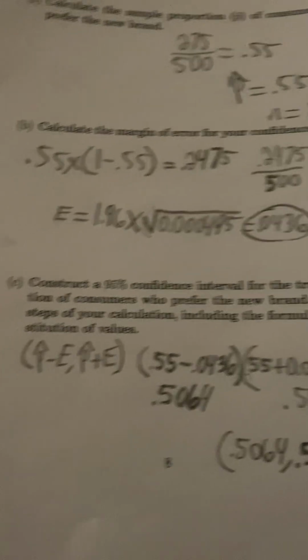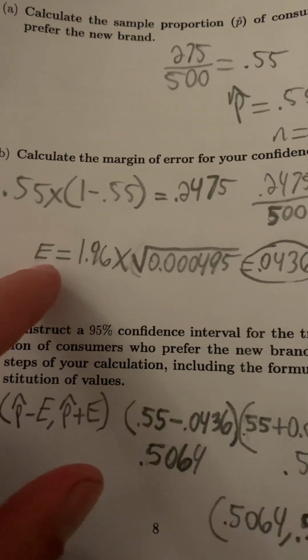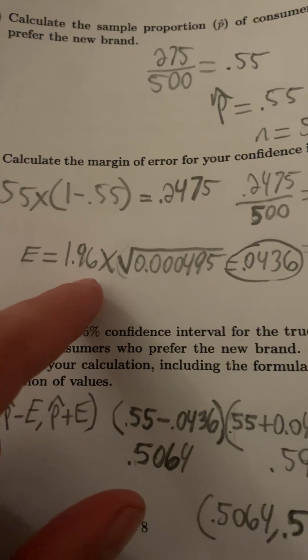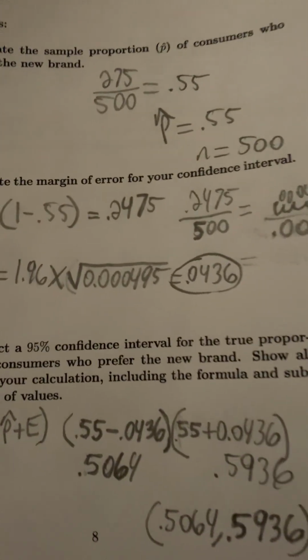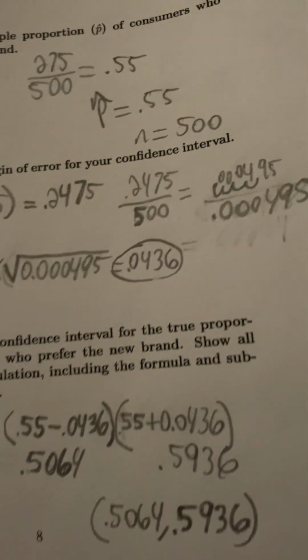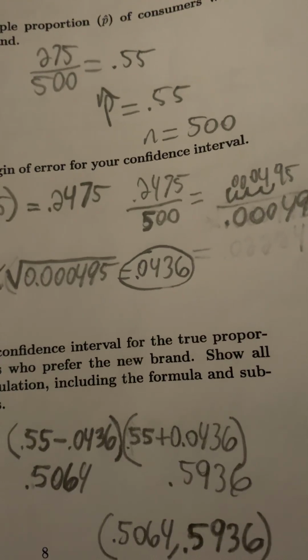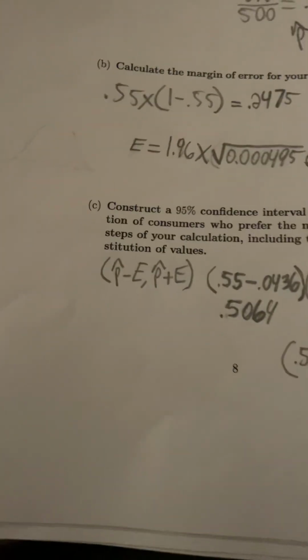Then the margin of error equals 1.96 times the square root of 0.00495. That gets you 0.0436. So that's the margin of error for your confidence interval.